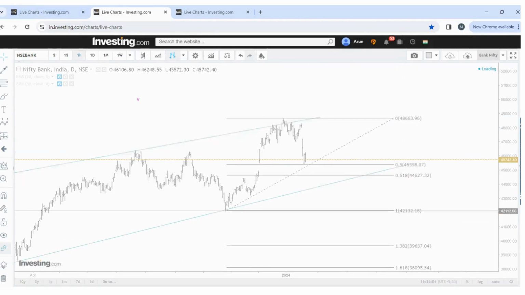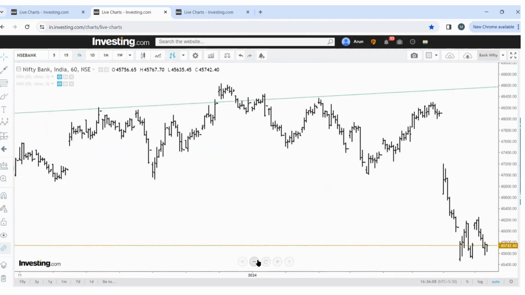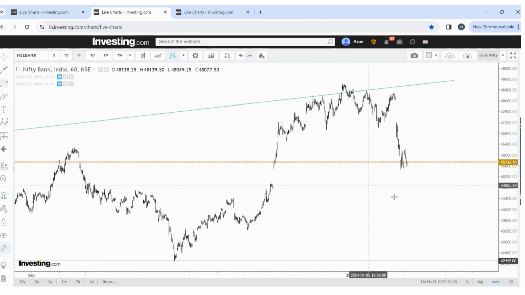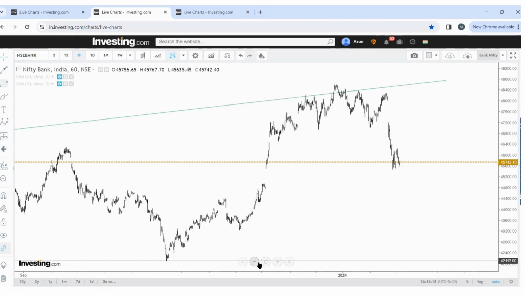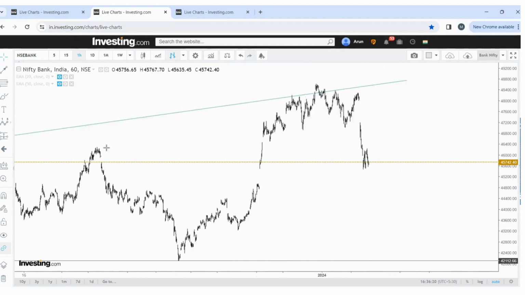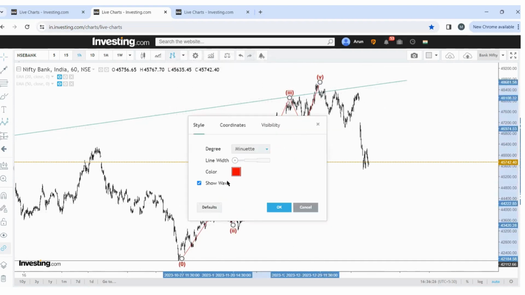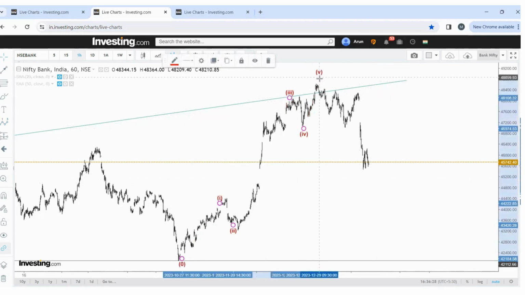I move to the hourly chart. So what it can be, I'm doubting that it is a fourth wave, because the nature is not suggesting it is a fourth wave. So I'm counting it as 1, 2, 3, 4, and 5.